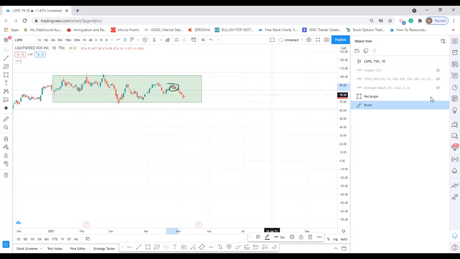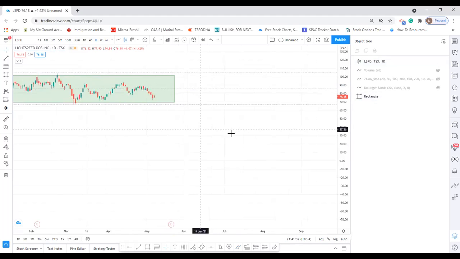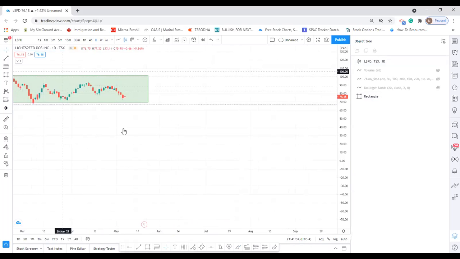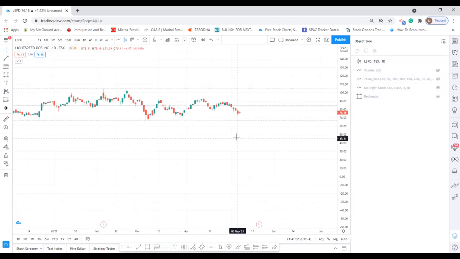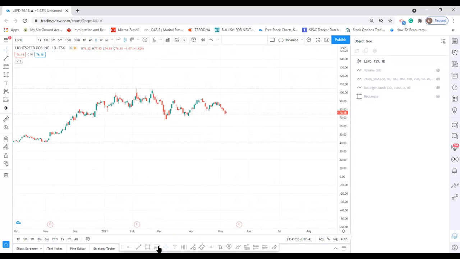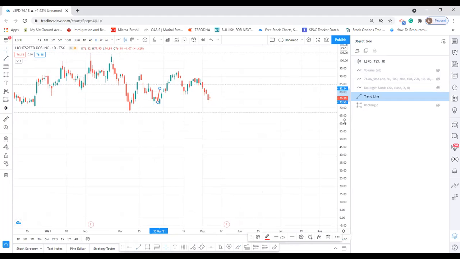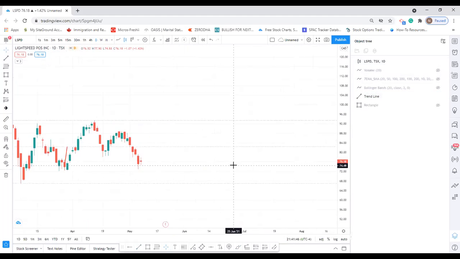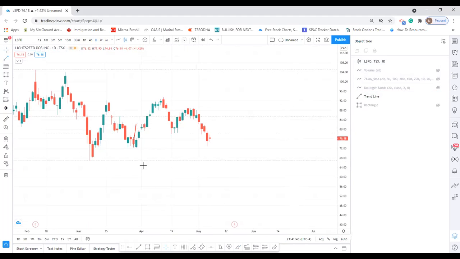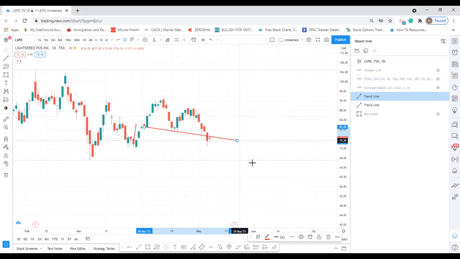On the longer time frame, it's making an M pattern. If this pattern is broken, like here, sorry, I'm going to make it larger so you can see. It kind of broke and tested, so 72 and 66 might come for LSPD.